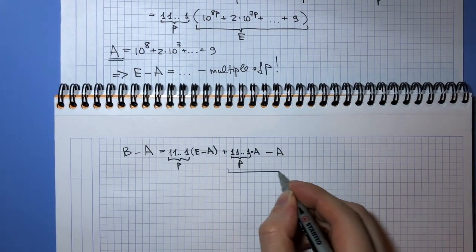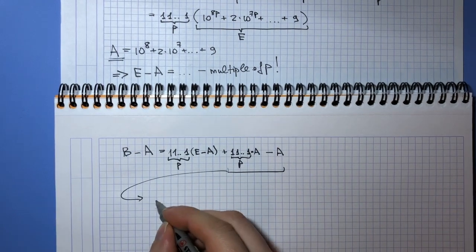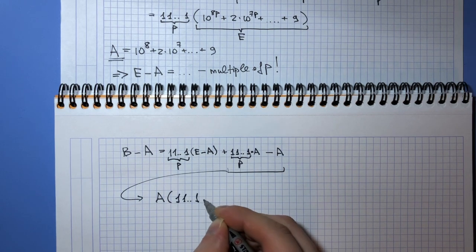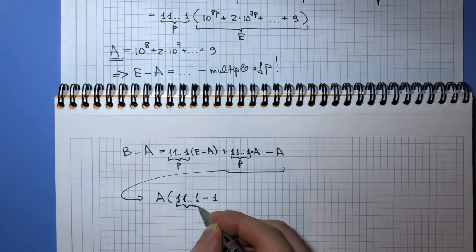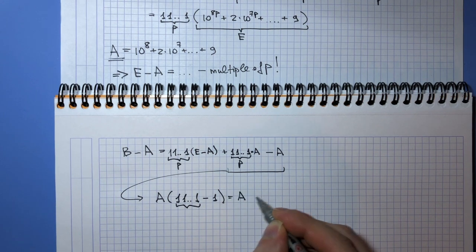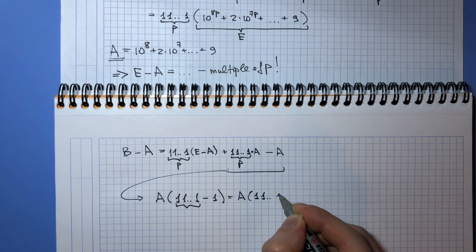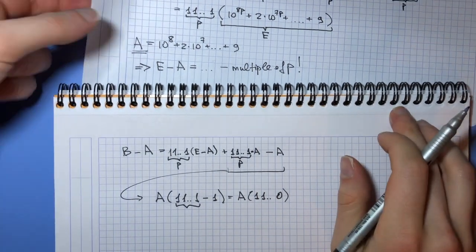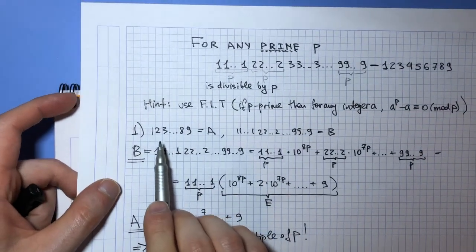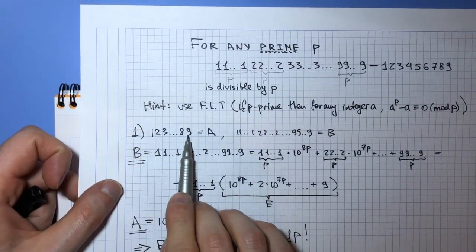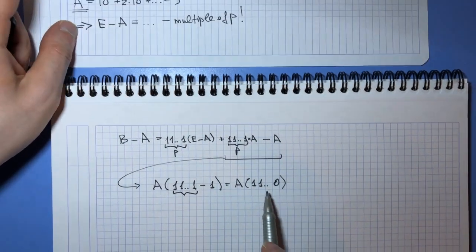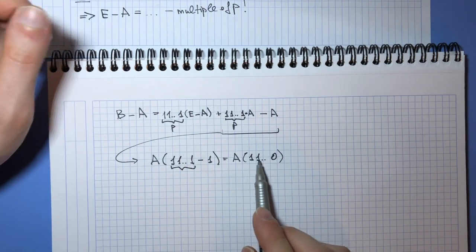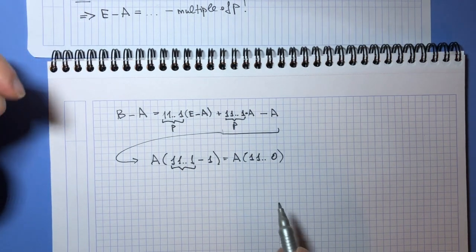So now, if we look at these guys, it will be A, p 1s minus 1, which is A, 0. It doesn't really matter. So once again, A is the smallest of the two numbers. It's 1, 2, 3 up to 9. So how can we know anything about this number and its divisibility by p?